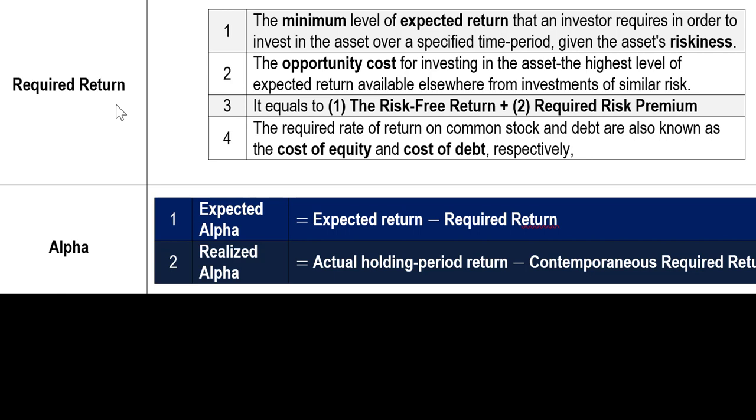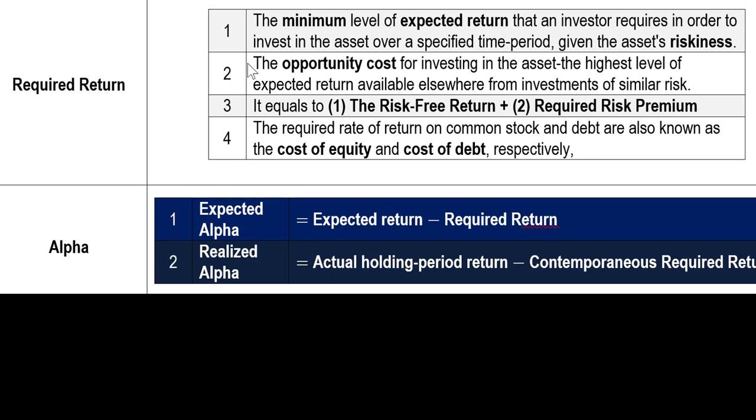It's required. It is the minimum level of expected return that the investor is willing to accept in order to invest in an asset for a period of time and given the risk of the investment.